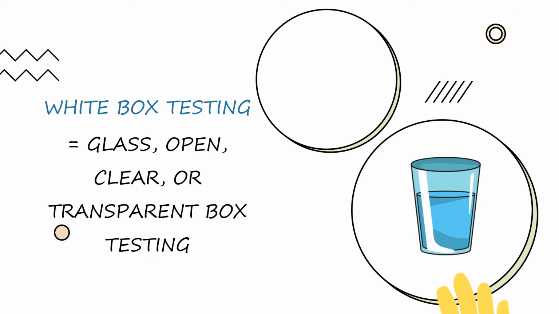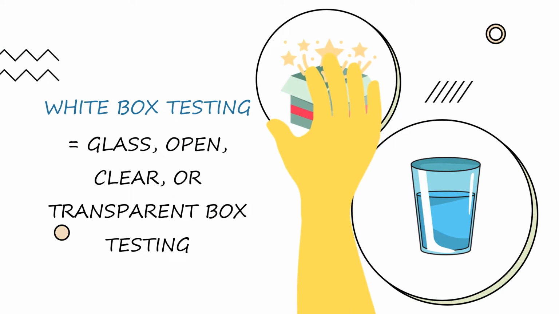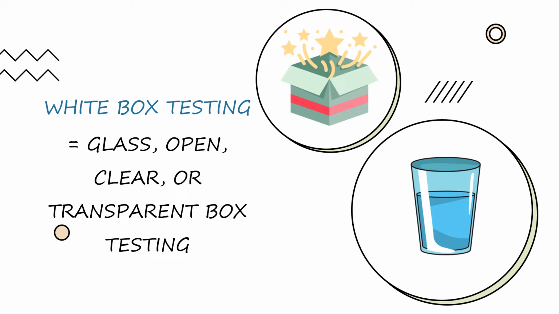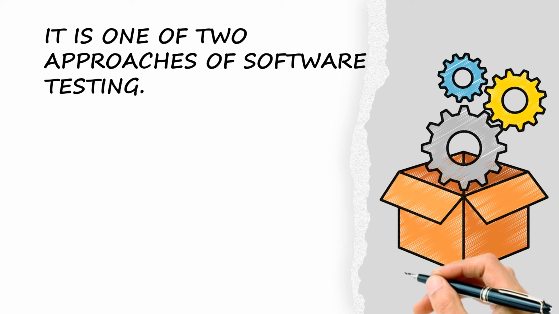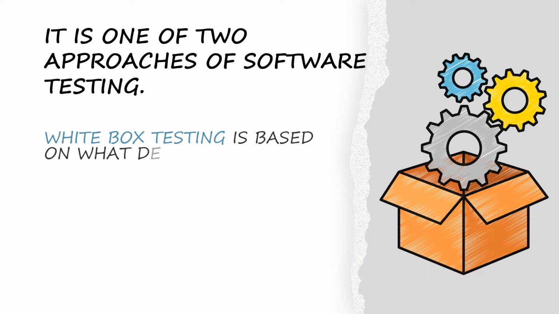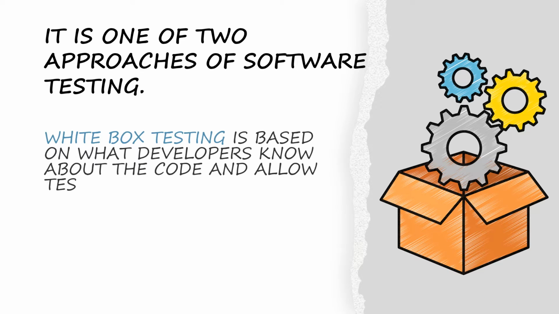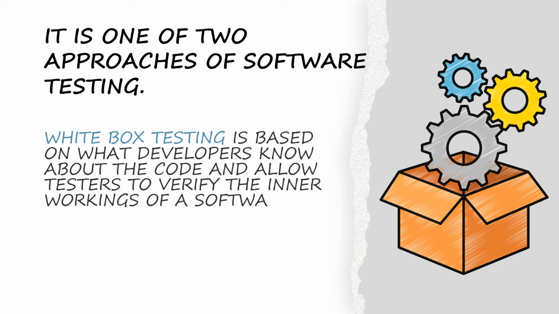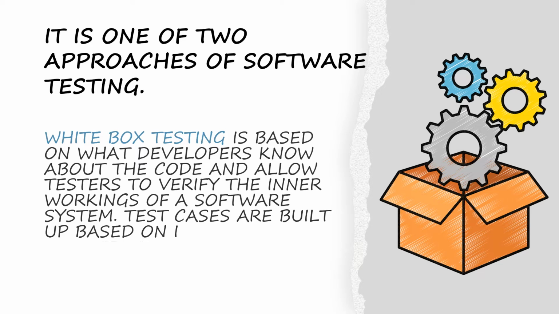Whitebox testing is also known as glass, open, clear, or transparent box testing. It is one of two approaches of software testing. Whitebox testing is based on what developers know about the code and allows testers to verify the inner working of a software system. Test cases are built up based on implementation.